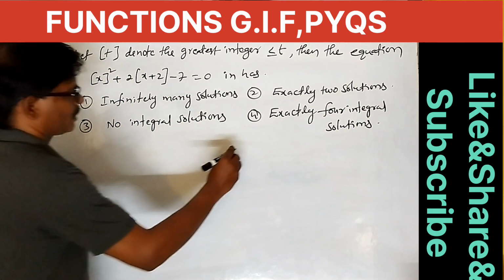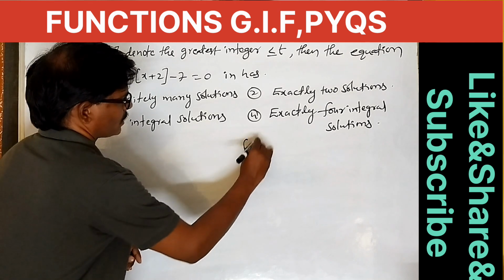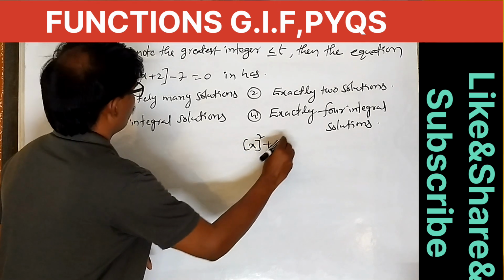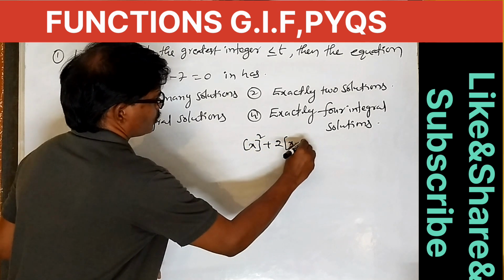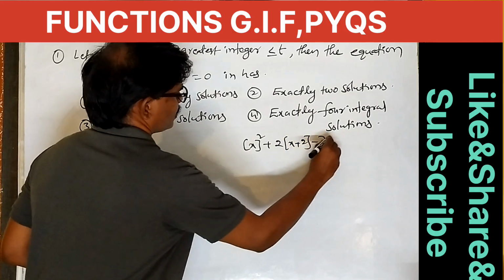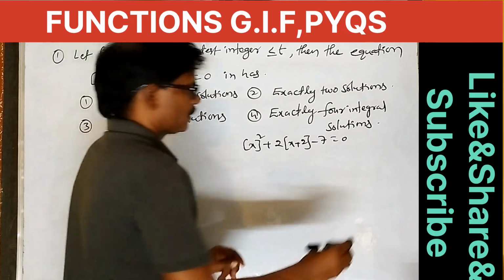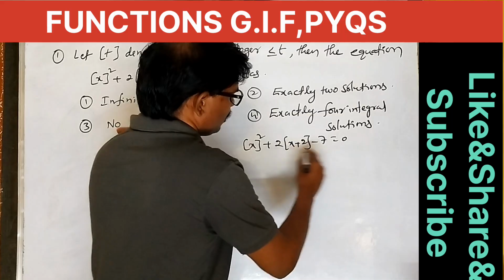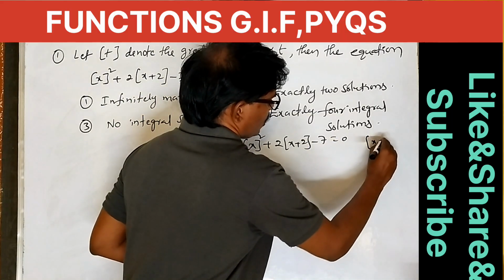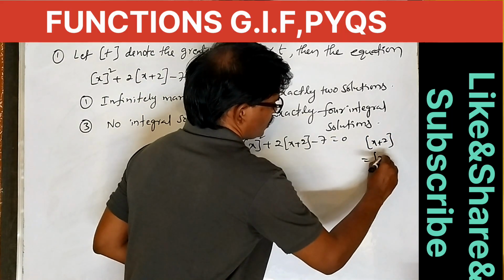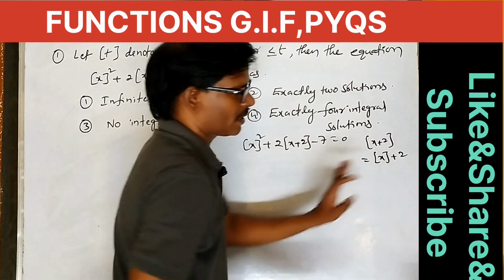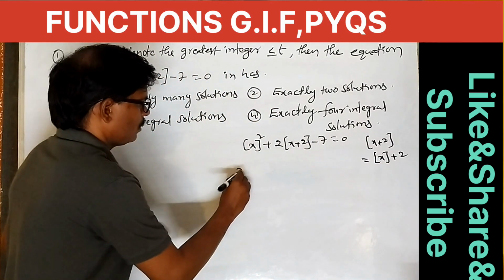What is the given equation? The given equation is step x whole square plus 2 into step x plus 2 minus 7 equal to 0. Okay, you write step of x plus 2 separately here.